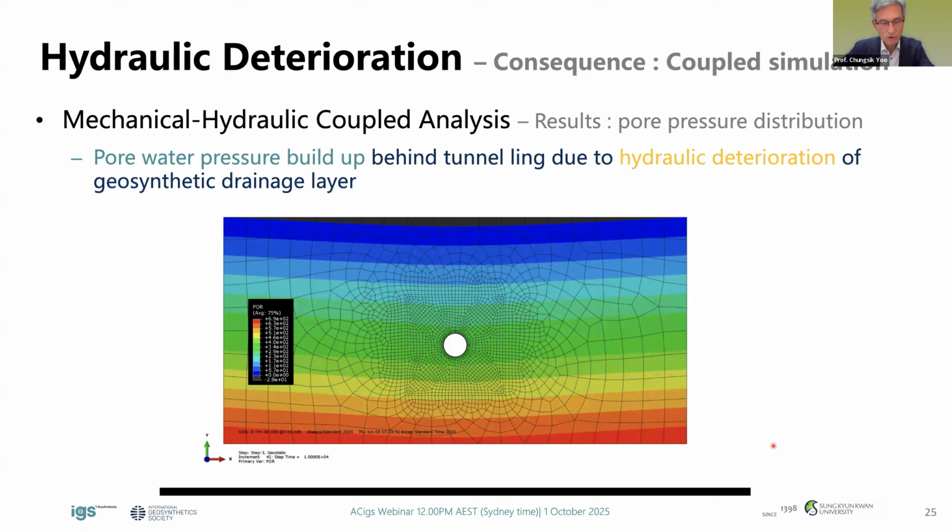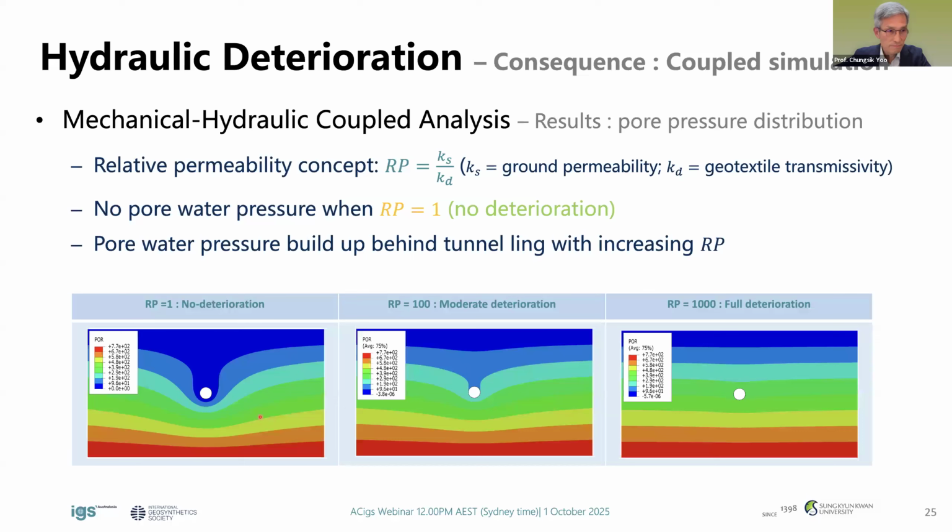Imposing additional water pressure on the concrete lining. So depending on the degree of deterioration: no deterioration, you can see zero water pressure around the lining; moderate deterioration, some water pressure developed; and full deterioration, as you can see, full hydraulic pressure exerted on the concrete lining.